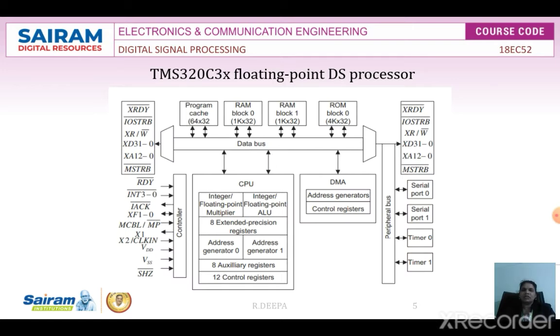And also you have control over this CPU, and you can observe there are separate program memory and data memory, so that we can access the data from the data memory as well as the instructions from the program memory, which is named as program cache here.